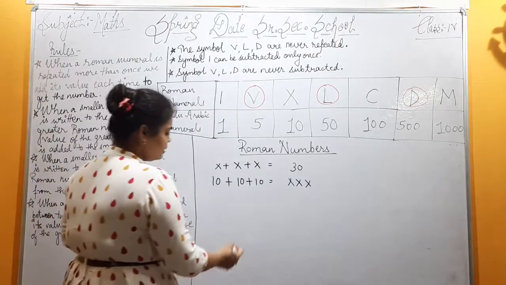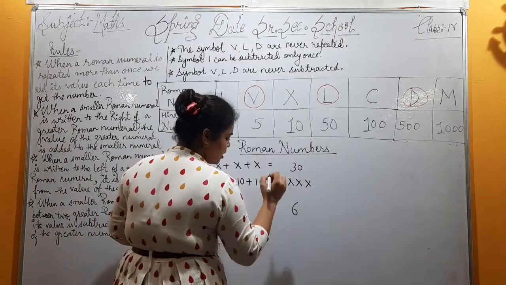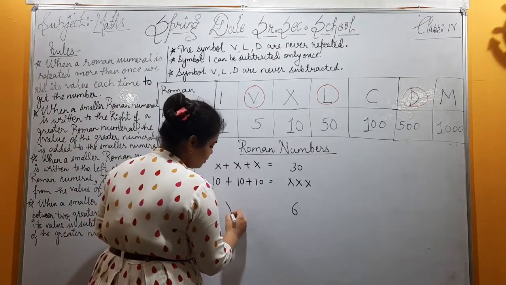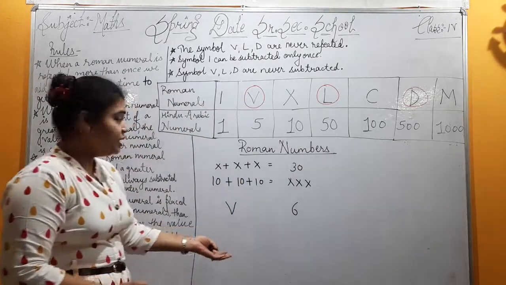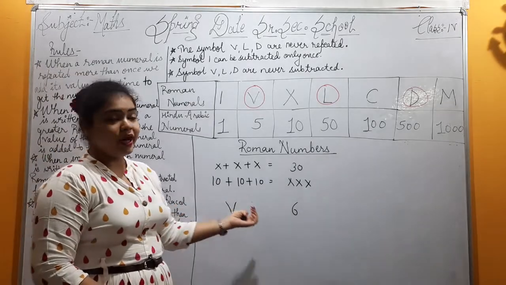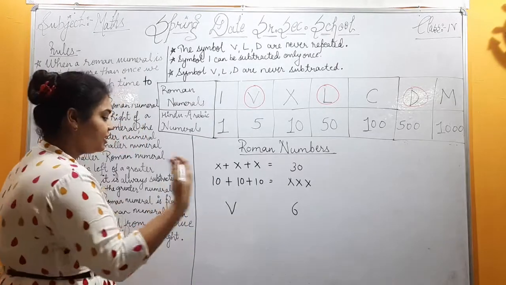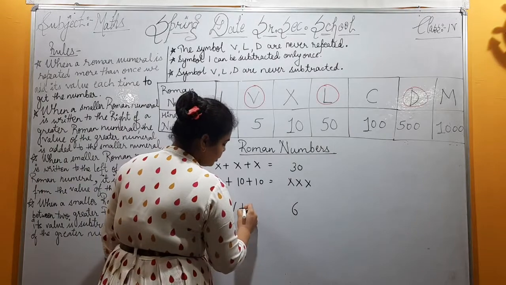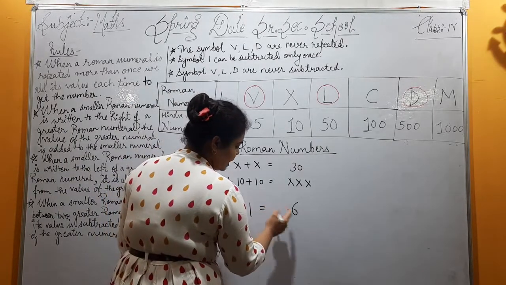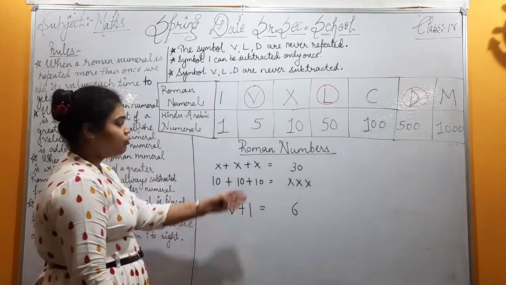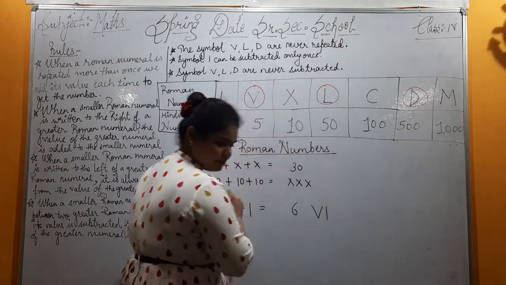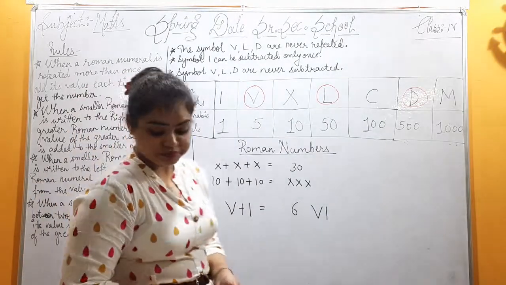In Roman numbers, first we will write V. And in this, we have to add 1 on the right hand side. So which Roman number will we add? That is I. And what we get is 6. And in Roman numbers, how do we write 6? That is VI. This is 6.